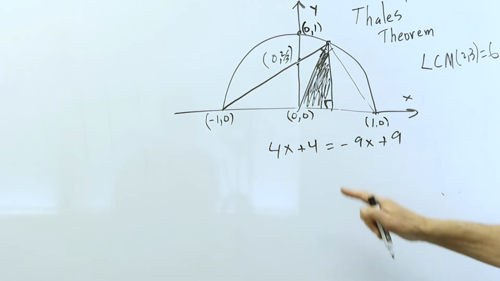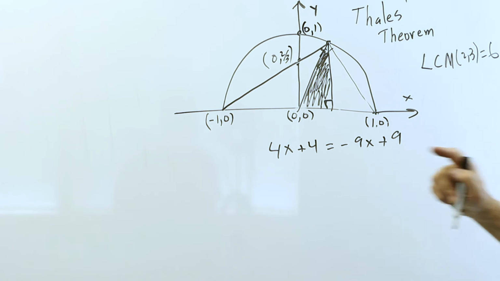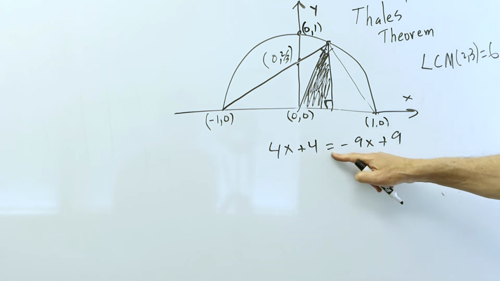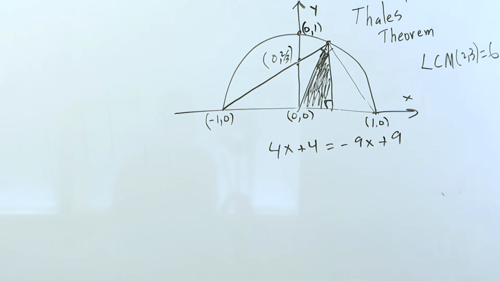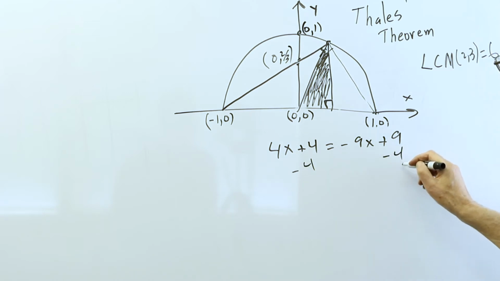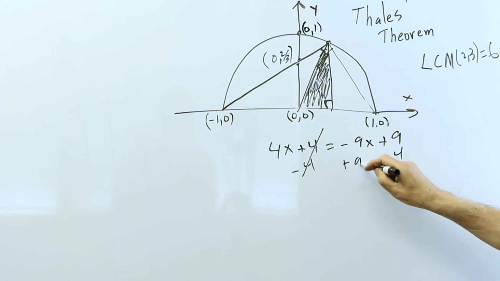And now I want to get all my x terms on the left and all my non-x terms or constant terms on the right. And when I'm talking about the left and the right, I'm talking about the left side and the right side of the equal sign. So I can subtract 4 from both sides.